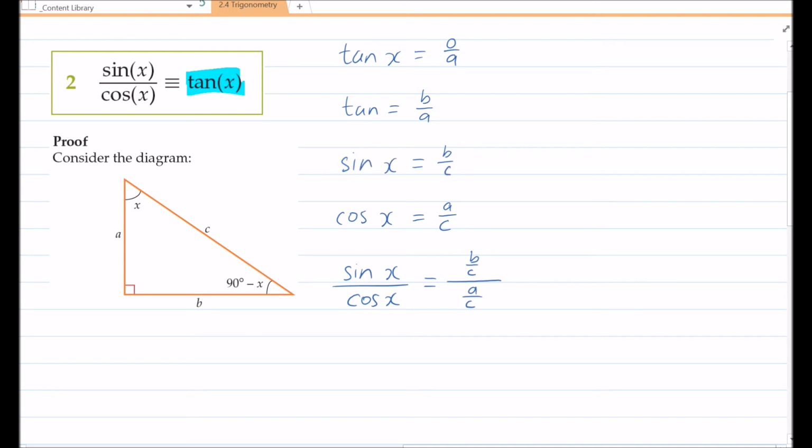Alright, so just remembering back to your fractions, when you have two fractions dividing by each other, we can write it like this.